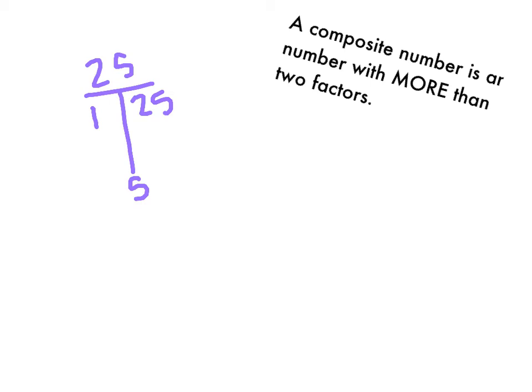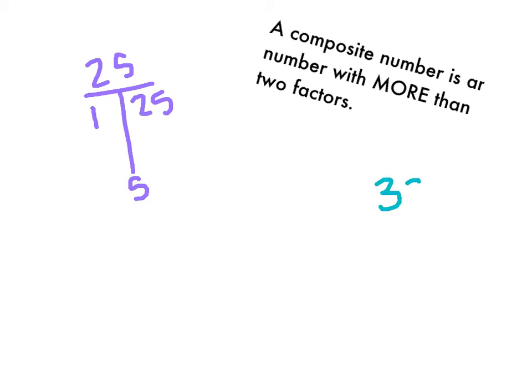Another example, here's a tricky one. How about 33? That is tricky. 33 is 1 and 33. It's definitely an odd number, but we found out that really doesn't matter when you're talking about prime and composite numbers. So is there another way to get 33?